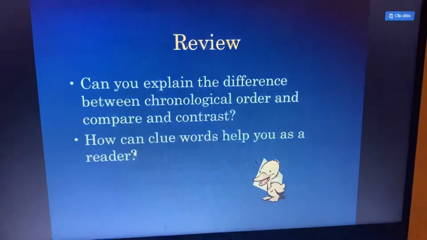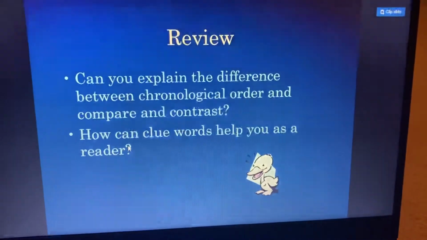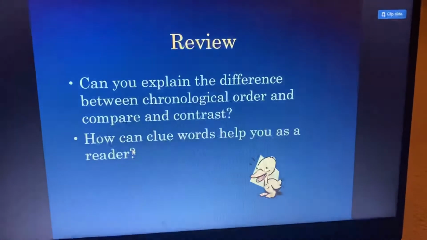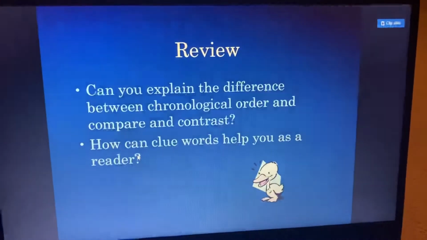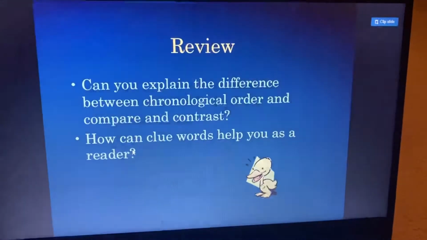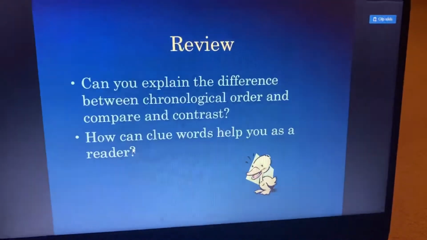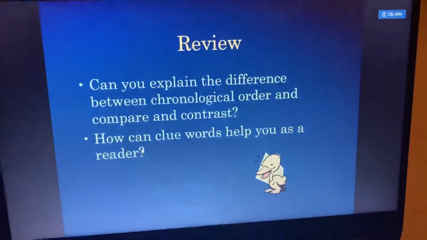Can you explain the difference between chronological order and compare and contrast? Well, chronological order is how an author shows a sequence of things that happen. And compare and contrast is telling how things are different, so they're not the same. And what clue words can help you to understand compare and contrast?